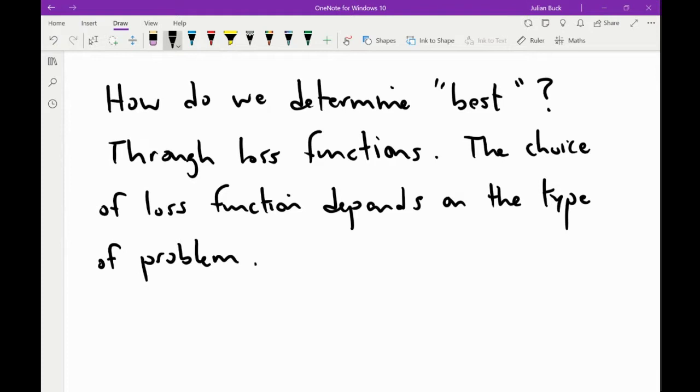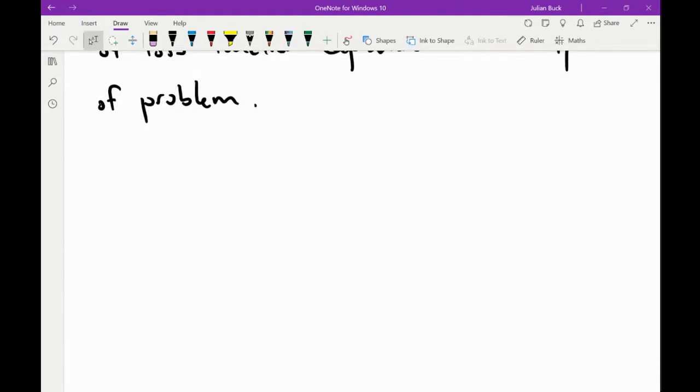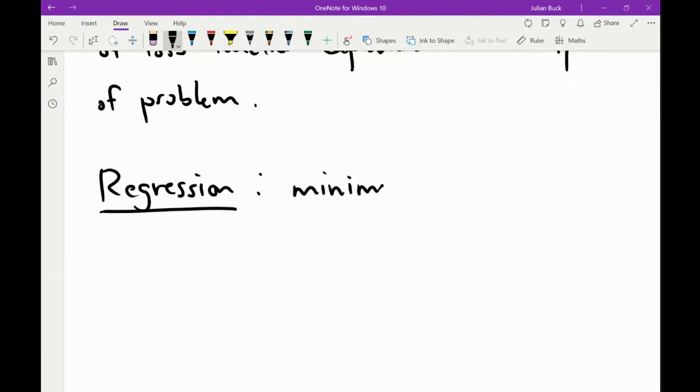So not too shockingly for regression, we're going to do some version of sum of squares error. We're going to minimize the sum of squares error at each split.